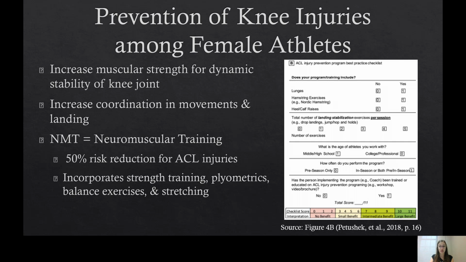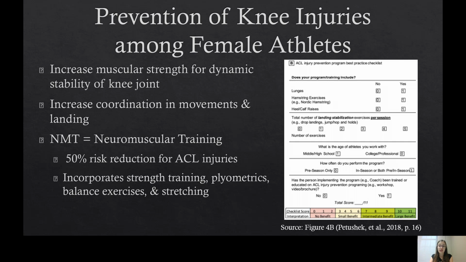Neuromuscular training, which is abbreviated NMT, is a program that is showing promise in the prevention of ACL ruptures in females. Studies have demonstrated that the risk of ACL injuries reduces by about 50% after an intervention using this model. NMT incorporates strength training, plyometrics, balance exercises, and stretching.